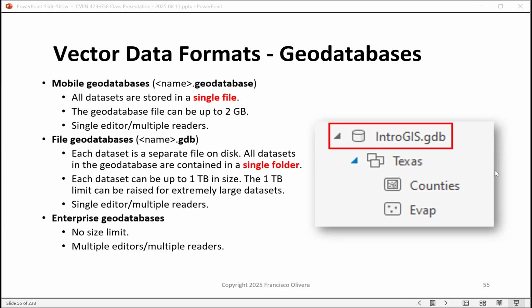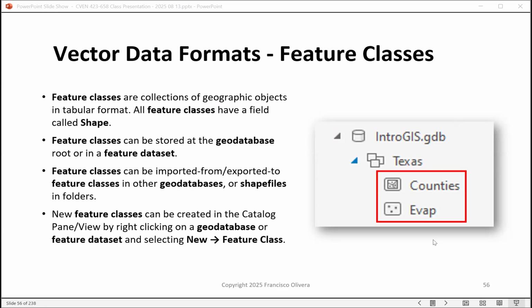So the first thing that we're going to do is create a file geodatabase, and then we're going to import or export cities, roads, and states to our file geodatabase. So we're going to present the information that we've seen in shapefile format in feature class format. So this is going to be the geodatabase, and these are going to be the feature classes.